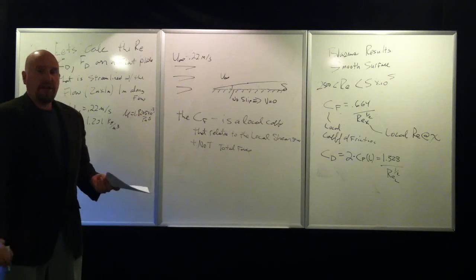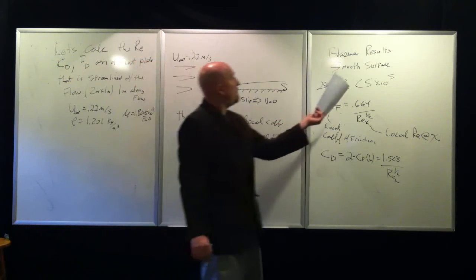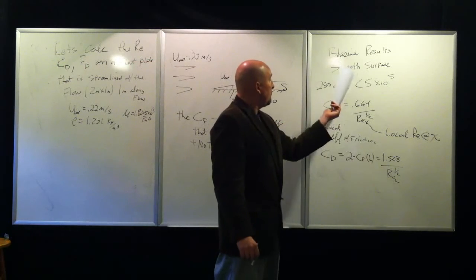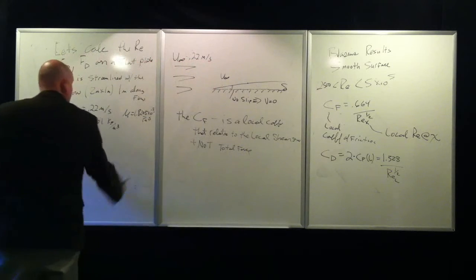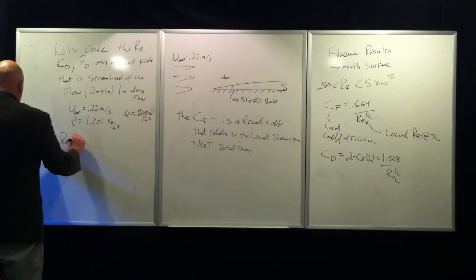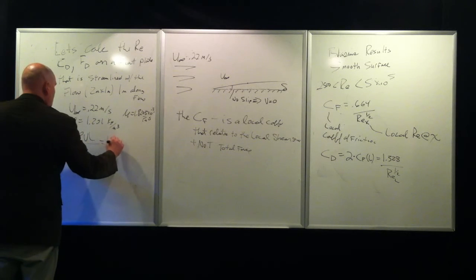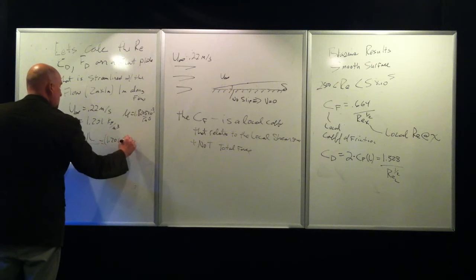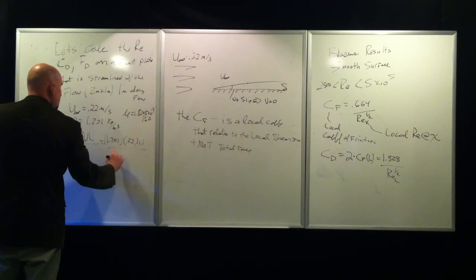So the very first thing we want to calculate is our Reynolds number to determine if we can use these formulas. Reynolds number needs to be within that range, and again we have to have a flat plate that's smooth. So Reynolds number, rho VL over mu, 1.201, 0.22, the length is going to be 1.